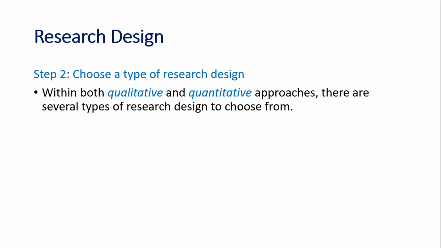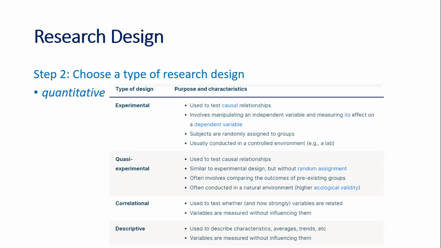So if it's quantitative, you could have an experimental, quasi-experimental, correlational, or descriptive research design. In experimental, you choose to test the causal relation, which involves manipulating an independent variable and measuring its effect on a dependent variable.